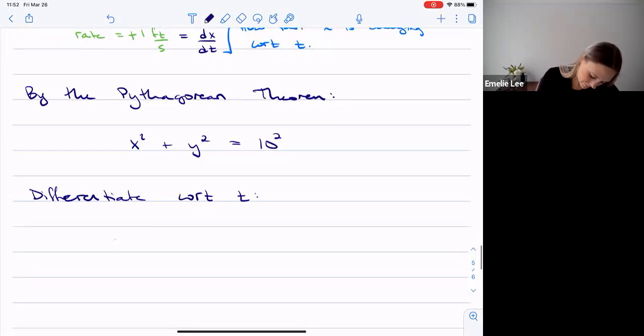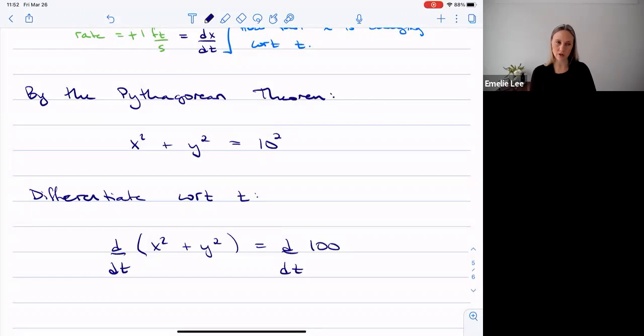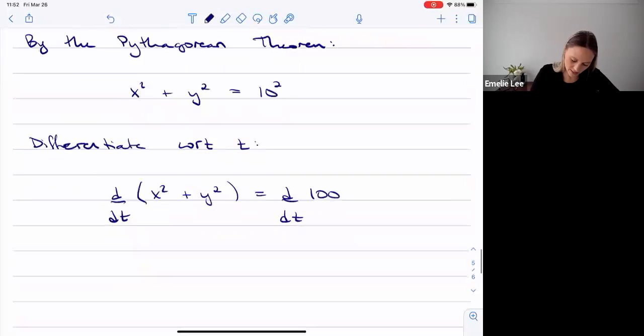I'll do it on the outside first. d/dt of x squared plus y squared is d/dt of a constant of 100. 10 squared is 100, right? So that's just going to go to 0. If you didn't want to write this on the outside first, that's totally fine. You can just go ahead and do the implicit differentiation, right?